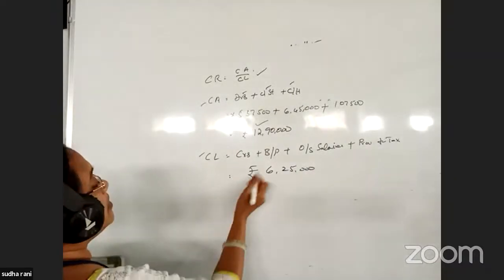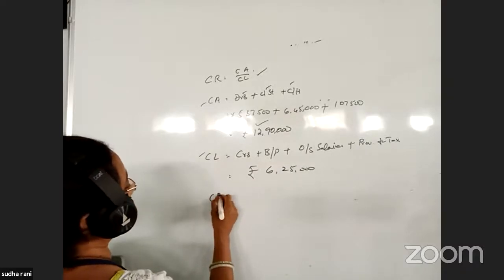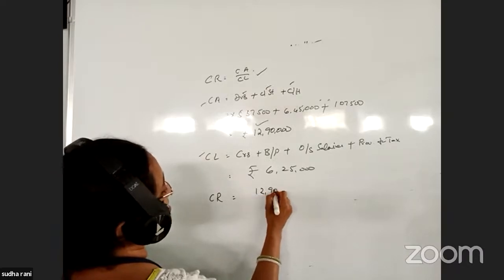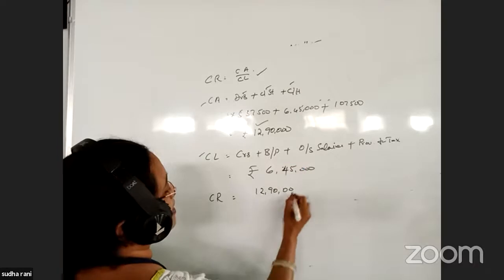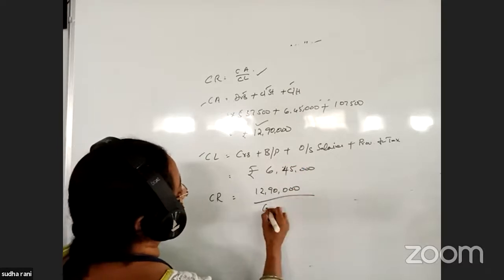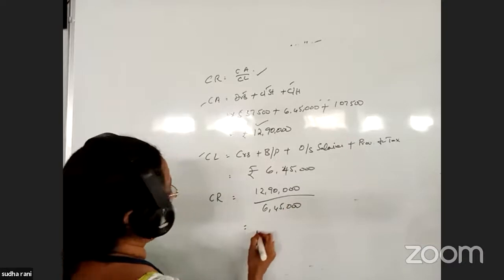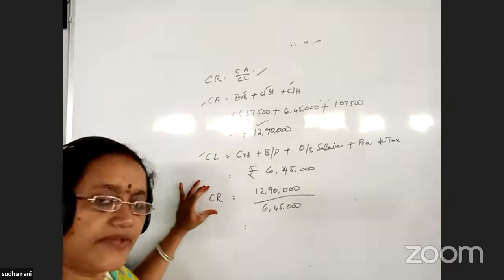Now after this, directly substitute the values in the formula. Current ratio equals current assets 12,90,000 divided by 6,45,000. The current ratio comes under the liquidity ratios, guys.